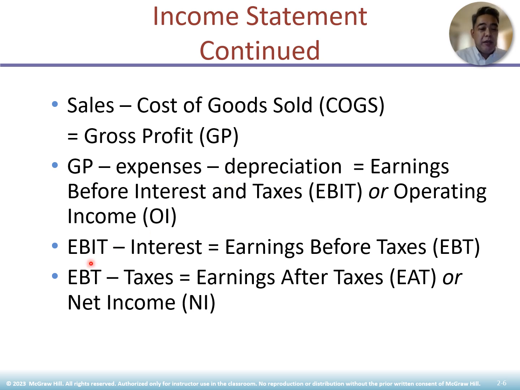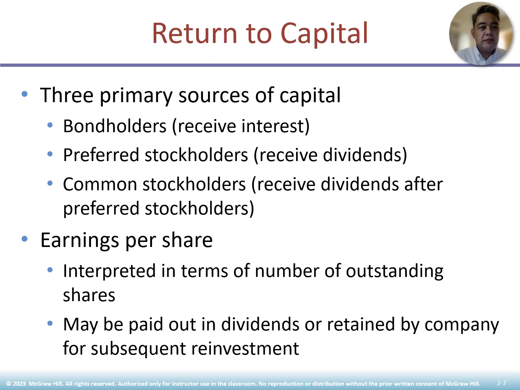And then EBIT minus the interest will now be earnings before taxes, minus taxes will be earnings after taxes or net income. Some companies call it NIAT, net income after tax.